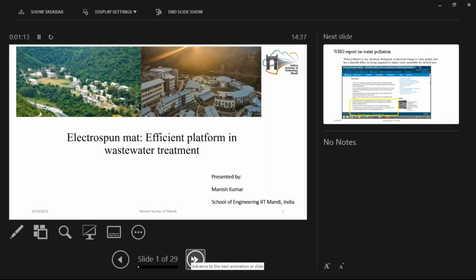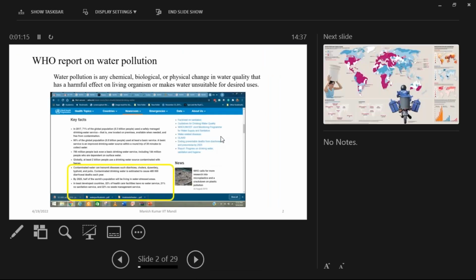According to the WHO report on water pollution, in 2017 almost 71% of the global population was able to access managed drinking water services. But by 2025, half of the world's population will be living in water-stressed areas.